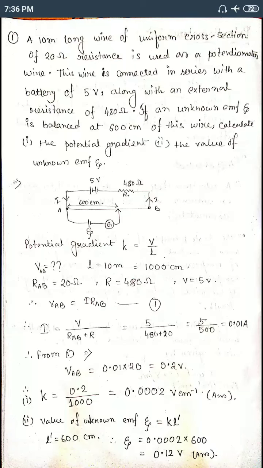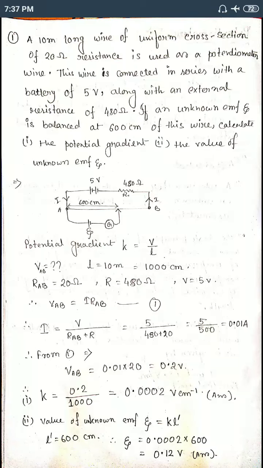Next, this wire is connected in series with a battery of 5 volt. So I will draw one 5 volt battery along with an external resistance of 480 ohm, that is R, in series. This is a series combination. So V, the total potential across AB, is V equals 5 volt.